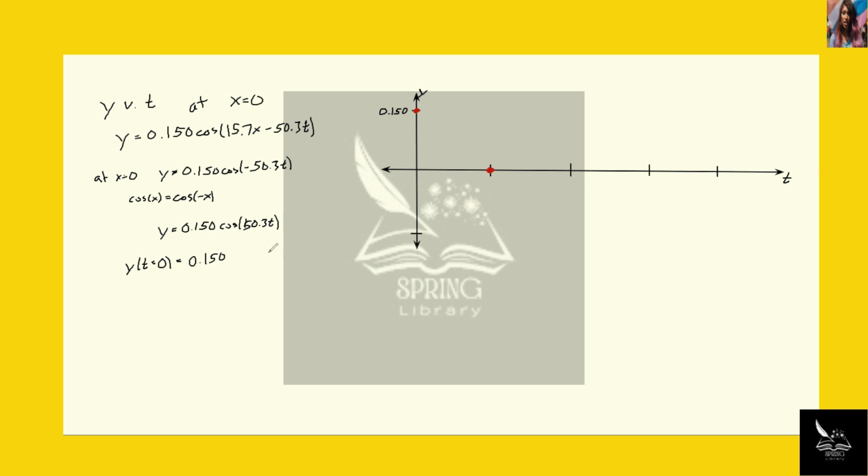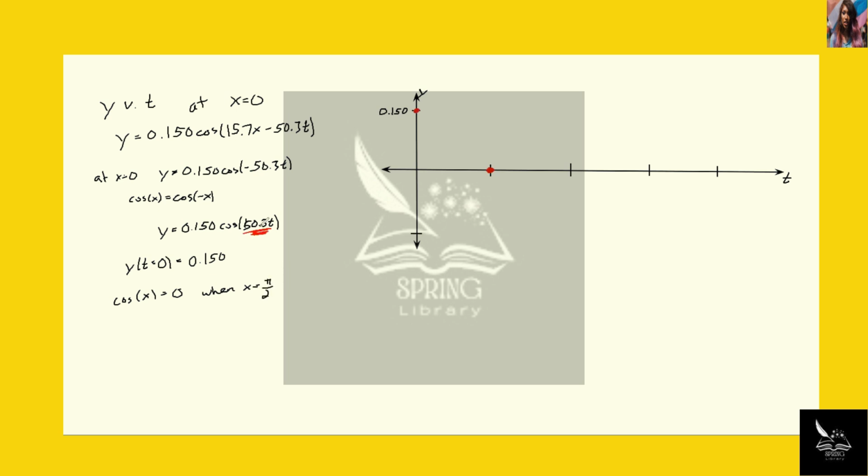So we can look at the argument of the cosine function, which is 50.3t. And we know that cosine of this value equals 0 when this value is pi over 2. So cosine of x, we'll just call it x for now, equals 0 when x equals pi over 2.